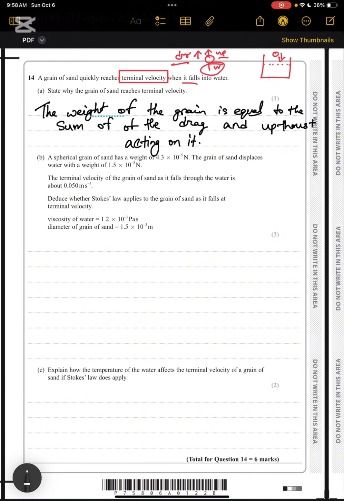In 14B, they have said a spherical grain of sand has a weight of 4.3. The grain of sand displaces water with a weight of this.